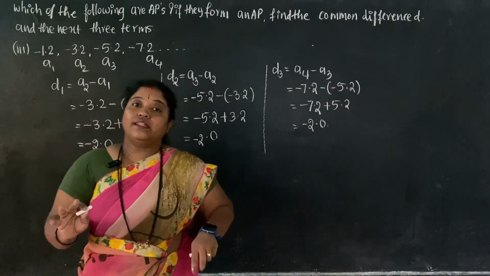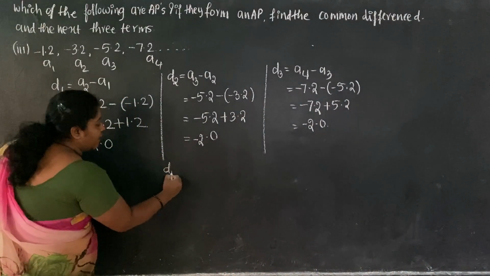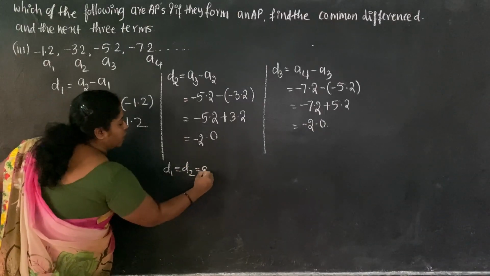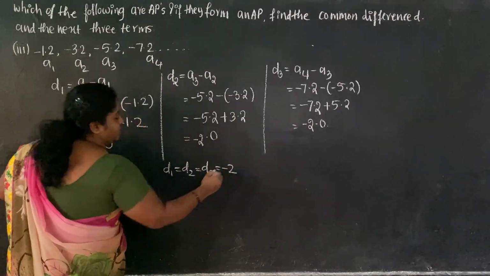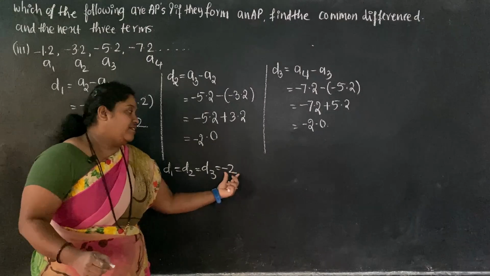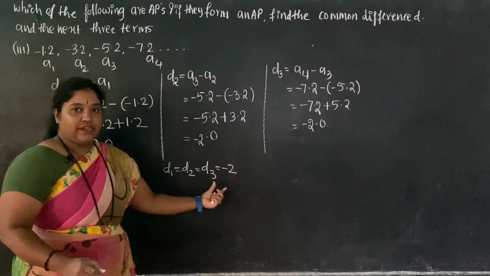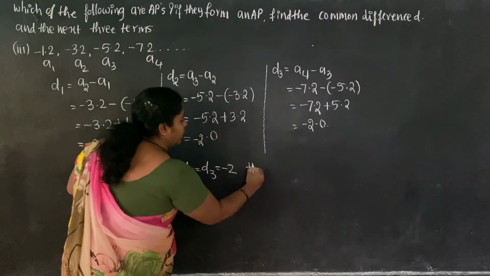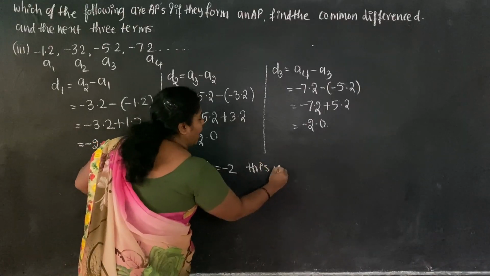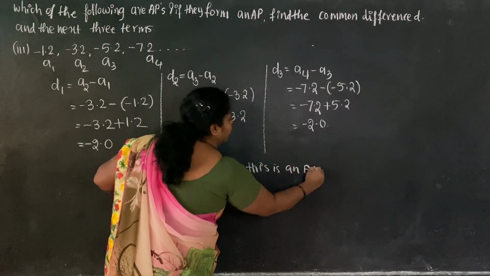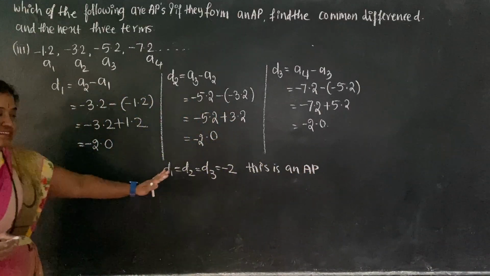So just you can see all the differences. What I conclude at the end, dear, I say here D1 equal to D2 equal to D3 equal to minus 2. All the differences are constant, that is minus 2. So can I call this an AP? Yes, of course. This is an AP. If it is an AP, I need to write the next three terms.